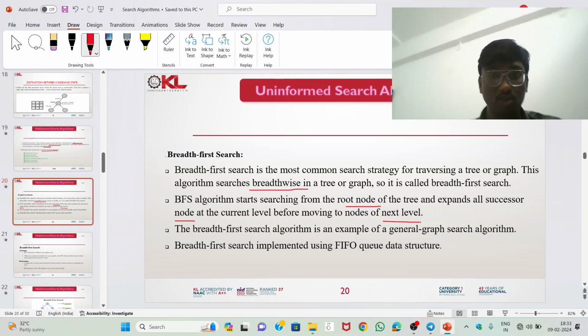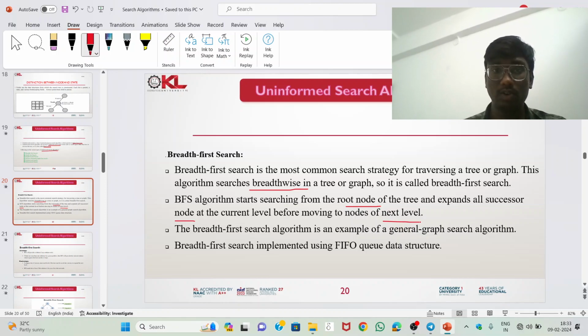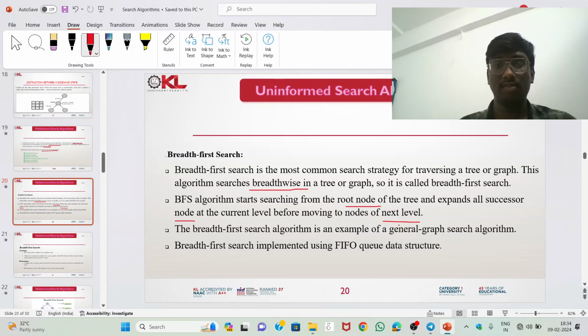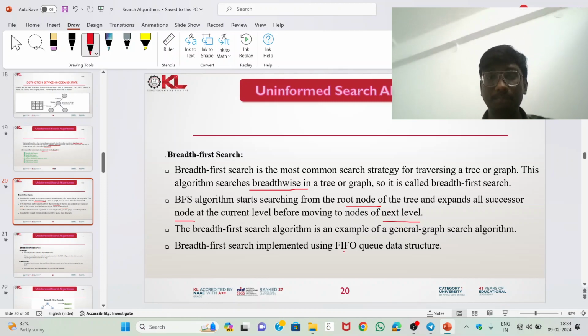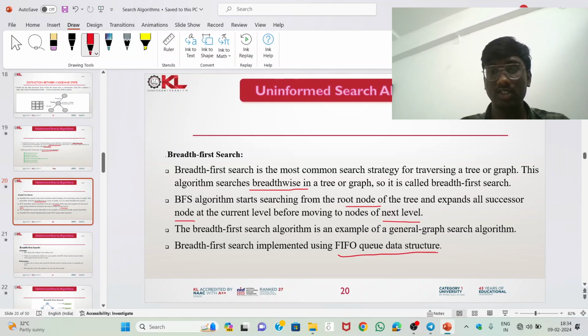If the goal node is found in that current level, you stop the process there itself. Breadth first search is implemented using a FIFO queue data structure.